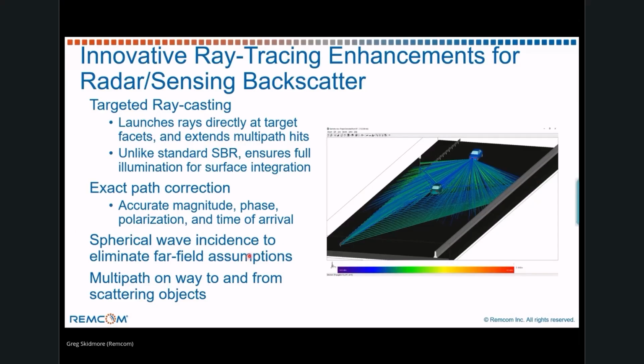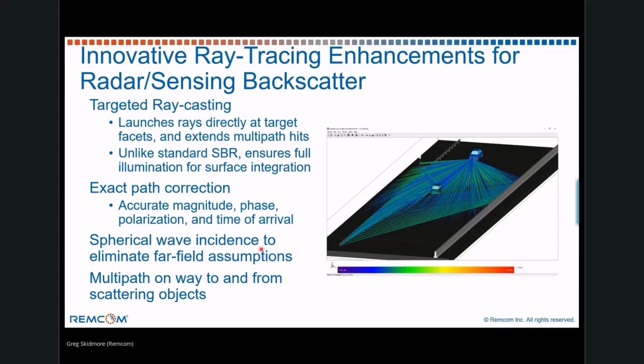We have a technique called shooting and bouncing rays that's very commonly used in the industry, but then we also apply what we call exact path correction, which is a term that we coined based on a technique called image theory that takes every path that we found and corrects it so that we get an accurate magnitude, phase, and time of arrival at the targets. We don't make far field assumptions.